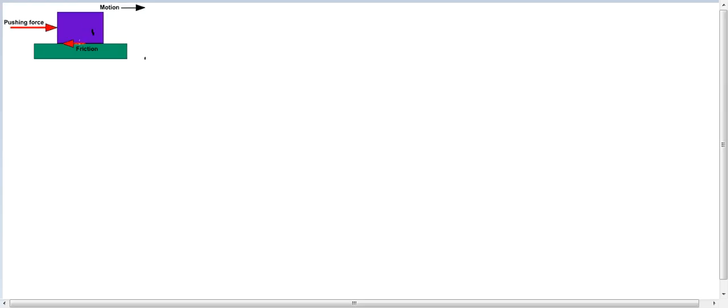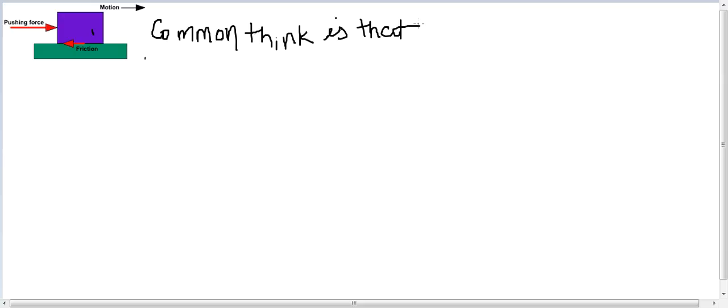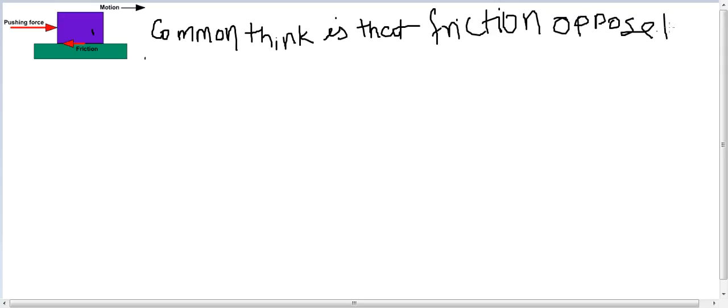So the common thinking about friction is that friction opposes the motion. But this is only partially true, it is not completely true.